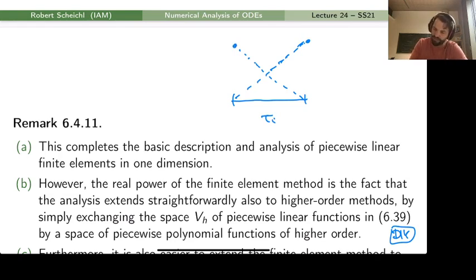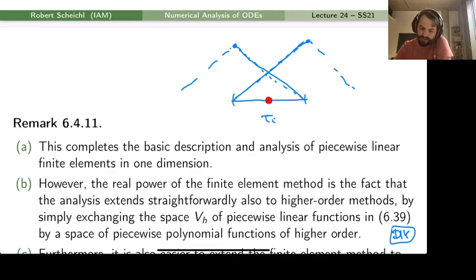So this was the hat function to the left and the hat function to the right. So these two were our linear basis functions. In the quadratic case, all you do is you add another degree of freedom at the center, and you add, for example, a quadratic bubble.